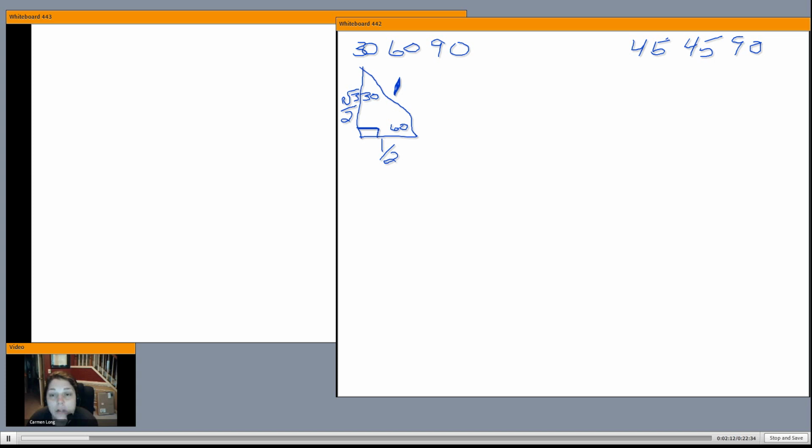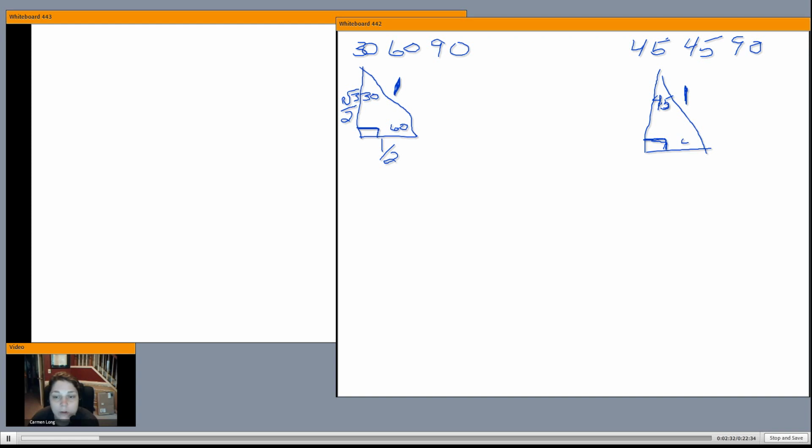And the other one is the 45, 45, 90. Let's see if I can make my right triangle look a little nicer. Well, it's not too great, but we're going to mark that right angle. Again, our hypotenuse is always 1, and this is an isosceles triangle because they're both 45-degree angles.